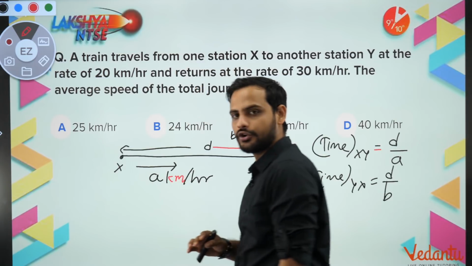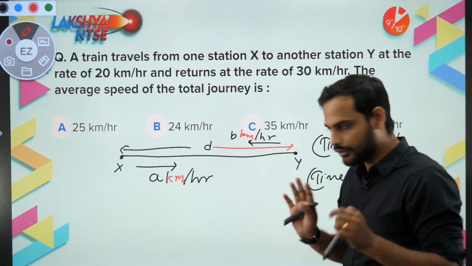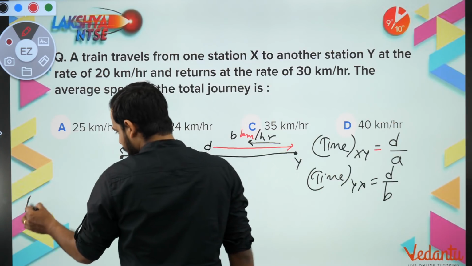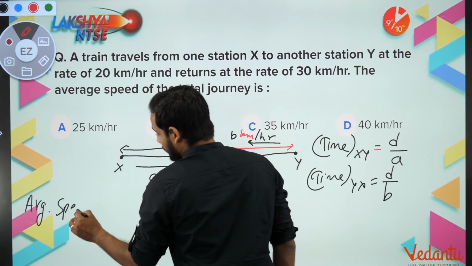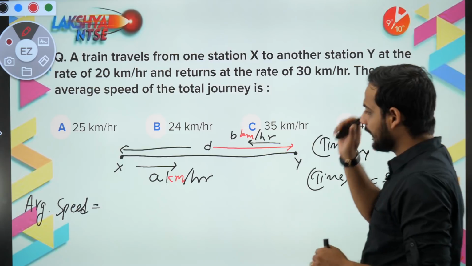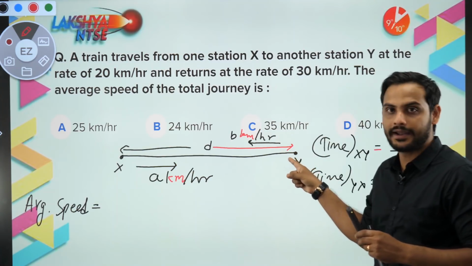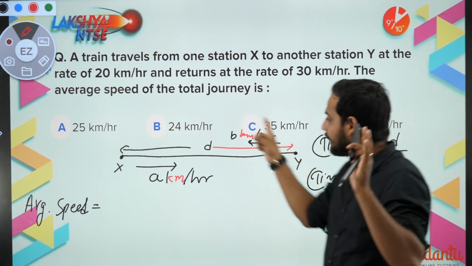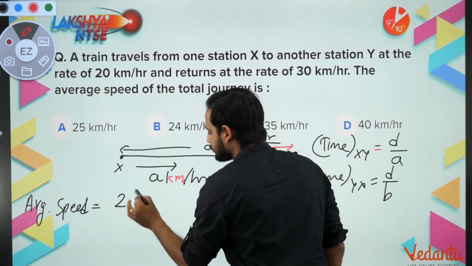Now as I have told you, the average speed is total distance upon total time taken. So average speed, total distance. So see, from X to Y is D kilometers and then from Y to X is again D.